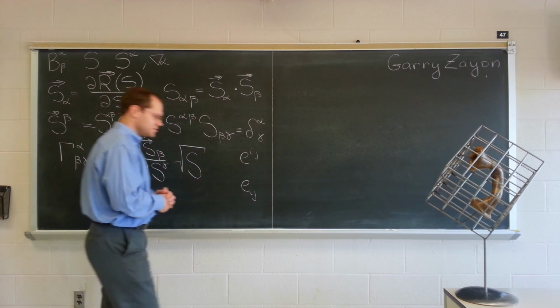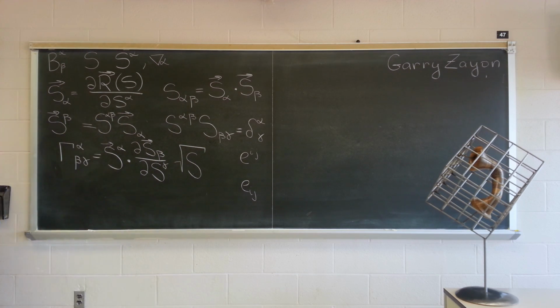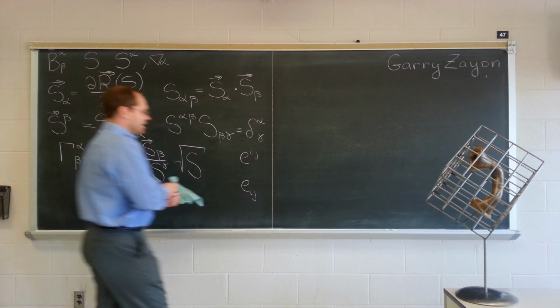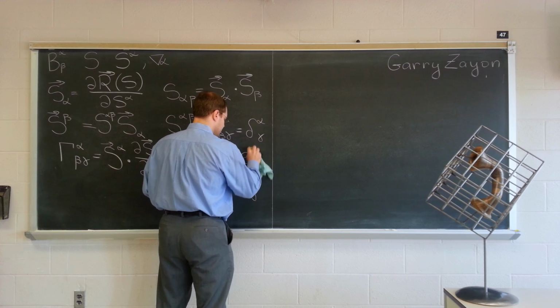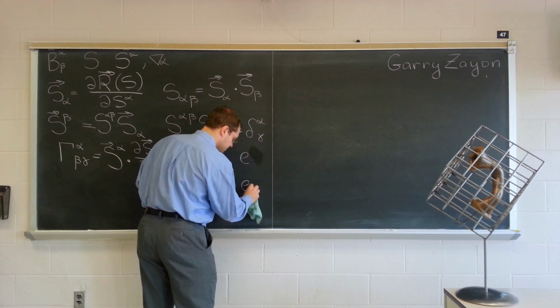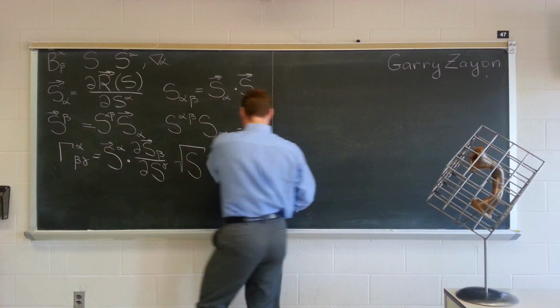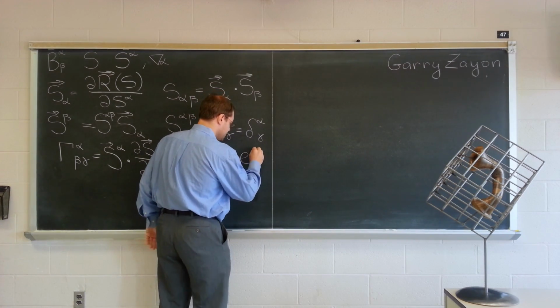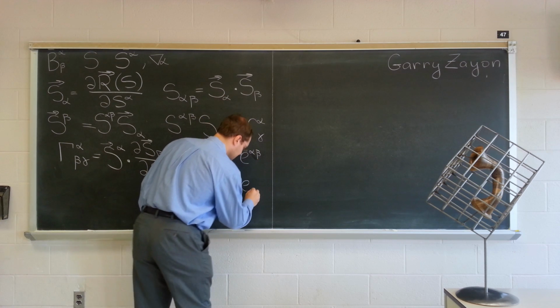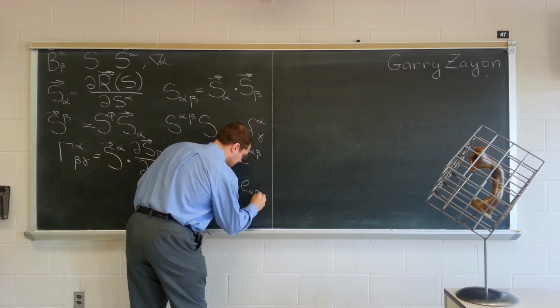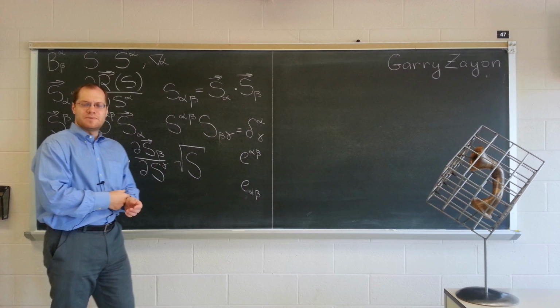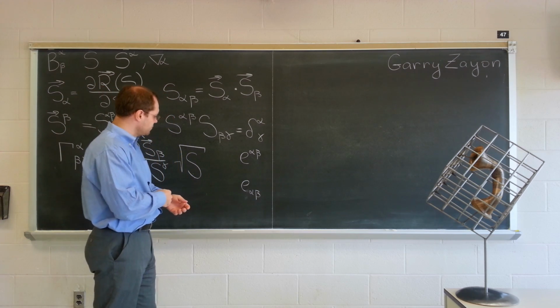Use Greek letters, of course. So E ijk in the ambient space, E alpha beta on the surface. Those are defined as 1s, -1s, and 0s.